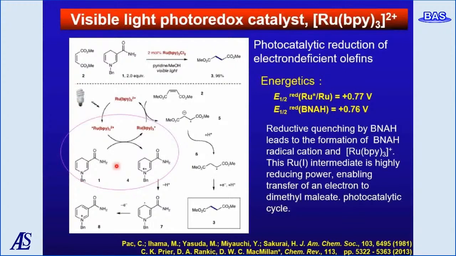Since this chemical species is highly reductive, it reduces malonate to form radical anions. The BNAH radical cation also loses a proton and is further oxidized to BNA+. The reduction proceeds in over 90% yield.